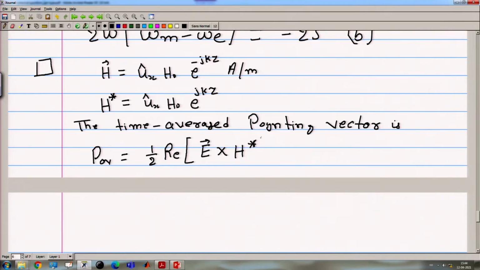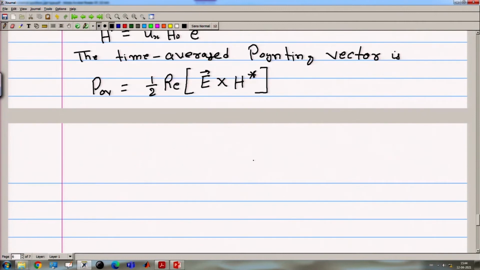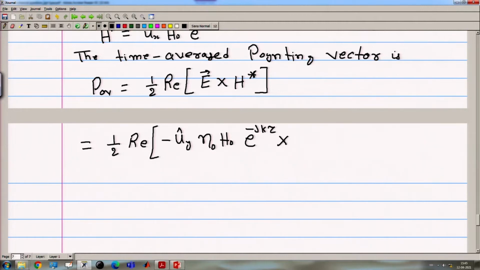So, E is given in the question. So, it will be 1 by 2 real part of minus u_y by eta naught H naught e to the power minus j k z cross with u_x H naught e to the power plus j k z. So, real part of this.